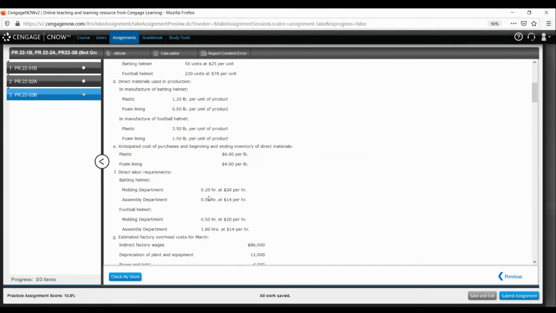And then you had to add to that the batting helmets times a half hour, which will give you 34.82 for the production in the assembly department. Notice that's the assembly department for the batting helmets.